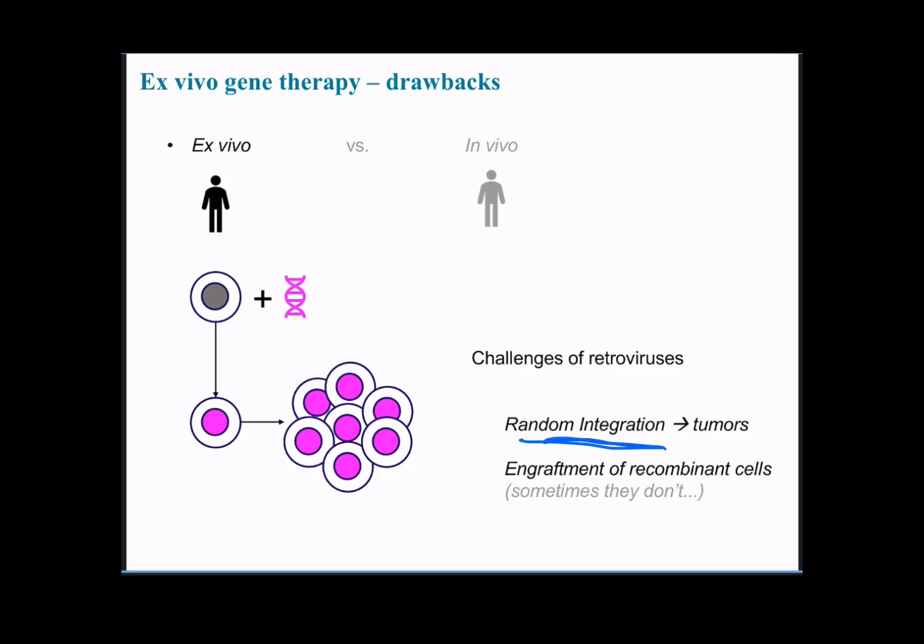And for reasons that no one really knows, they don't engraft well, meaning that those cells will either be recognized as foreign cells and be attacked by the immune system, or they just don't proliferate in the organism. They were doing fine in vitro, then you put them back in the body, and for some reason they stop dividing. So that's called poor engraftment of recombinant cells, and that happens.